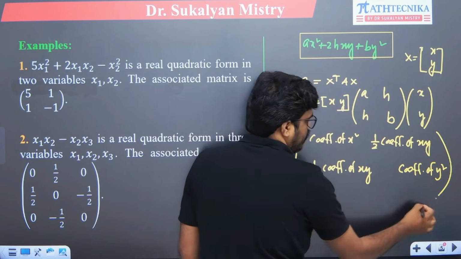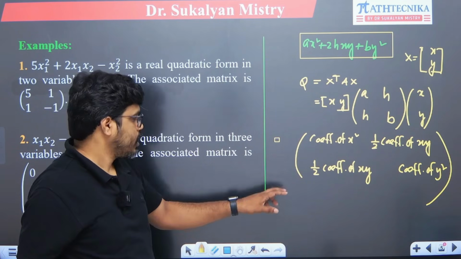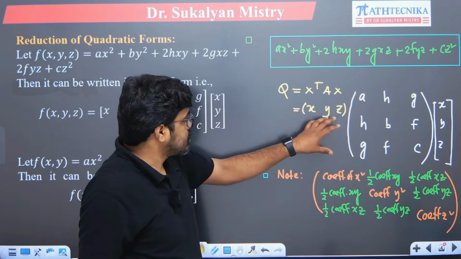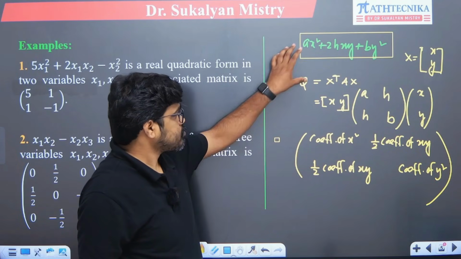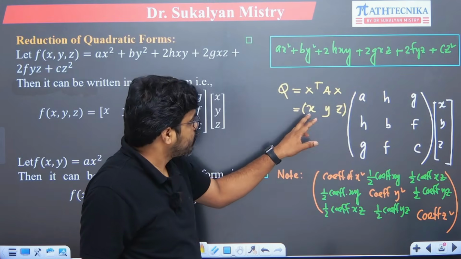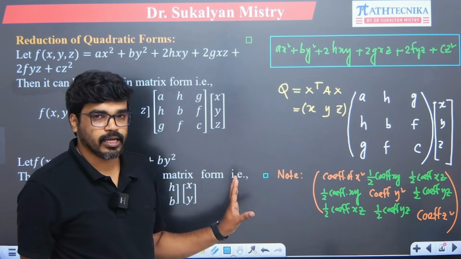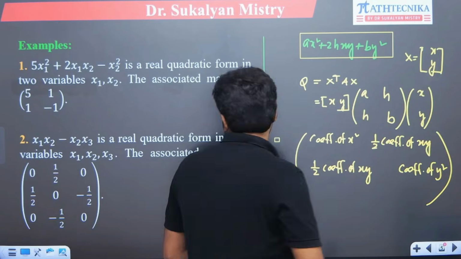So this is the associated matrix for this quadratic form, the associated matrix for 2 variables, here x and y. So if we have 3 variables x, y, z, then the associated matrix is this. Okay, so let us consider an example.